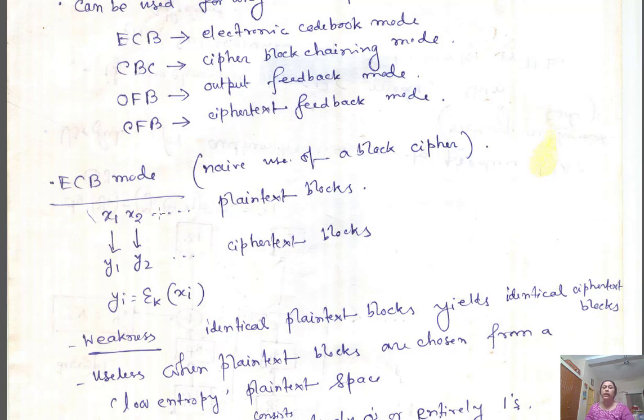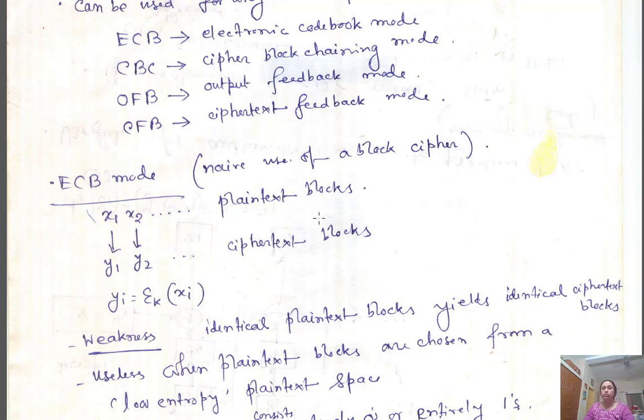So if X1, X3, X7 are all the same, then the ciphertext blocks Y1, Y3, Y7 will also be the same. This gives a leakage. The plain text is not mixed properly, so from the ciphertext you can infer some information about the plain text blocks.